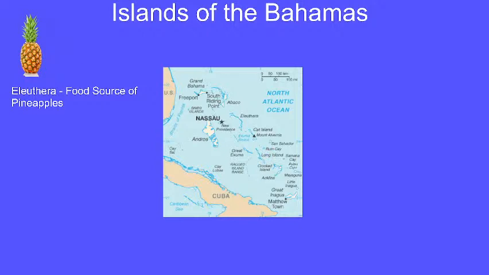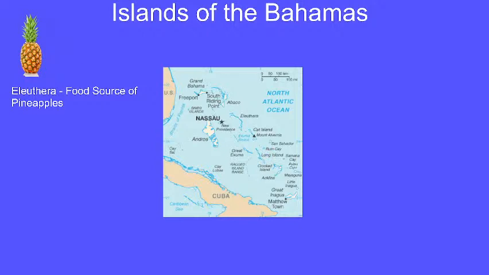Some of the islands produce fruit that is sometimes shipped to different countries, states, or continents. Eleuthera gives us pineapples. Great Exuma gives us limes.